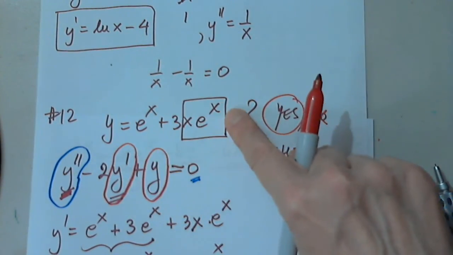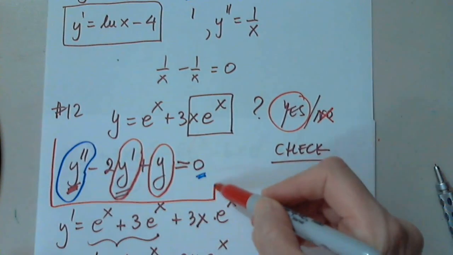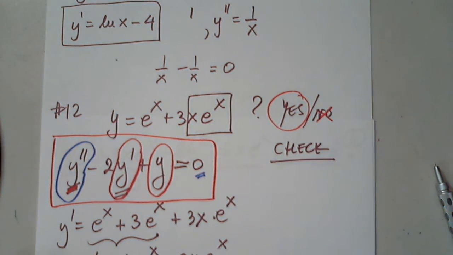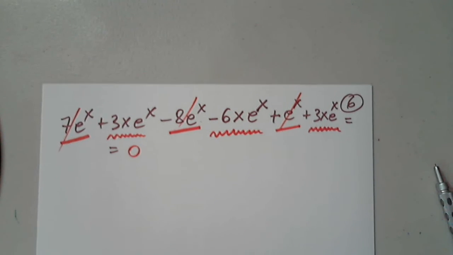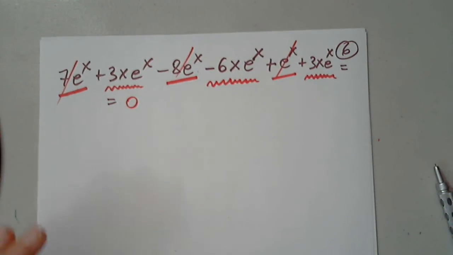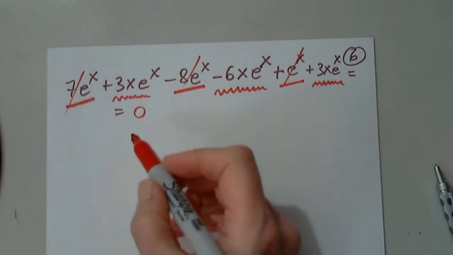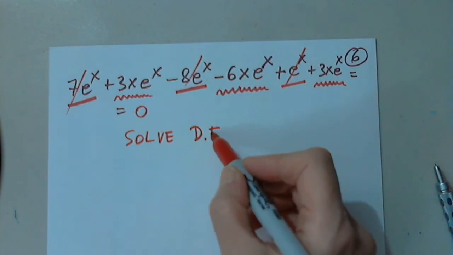So this is a solution of the differential equation, an equation that has derivatives in it. Good. So this was just basically a warm-up. Now we want to see if we can solve differential equations.